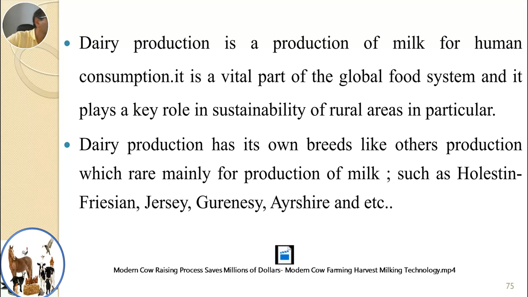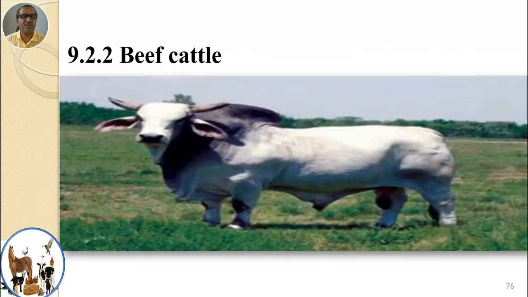Then another system is the crossbreeding. The beef cattle system is also there in certain countries. The cattle are very commonly reared as beef cattle, whereas in India, most of the time the beef cattle are buffaloes.